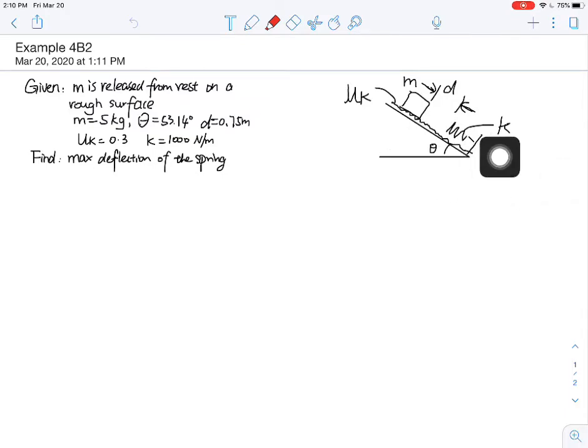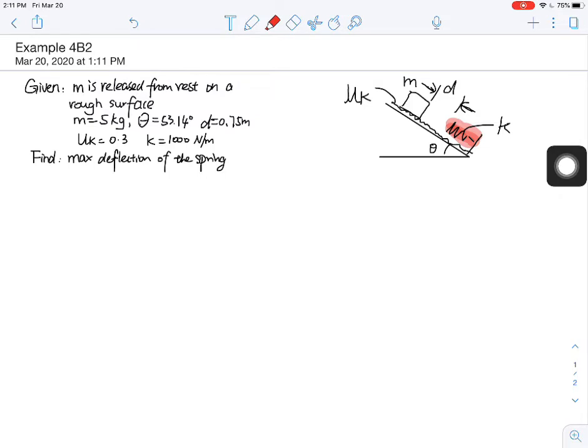At the bottom of this surface, there's a spring. The block M is released from rest and slides down, hits the spring, and compresses it. This problem asks you to find the maximum deflection of the spring.